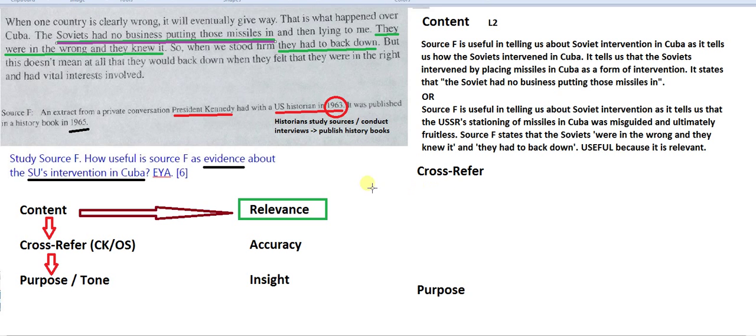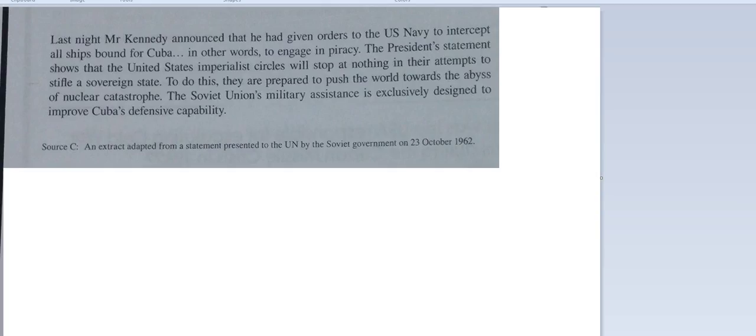So what does it tell us about the Soviet intervention in Cuba? Basically, what Kennedy seems to say is that the Soviets had no good reason to put the missiles in. When we compare to our contextual knowledge or to other sources, let's look at another source, for example source C.